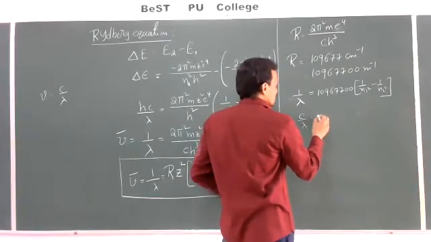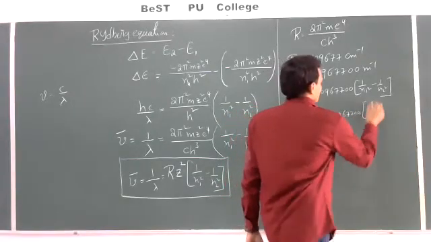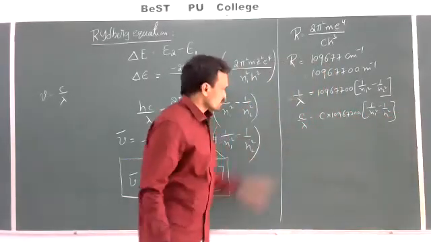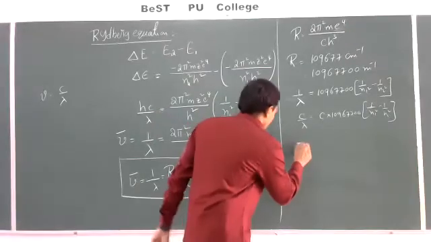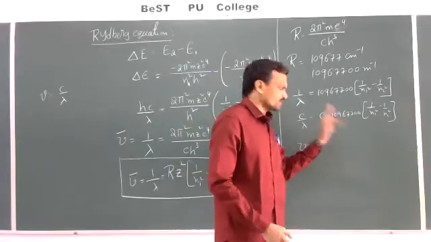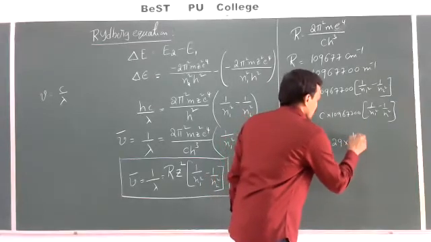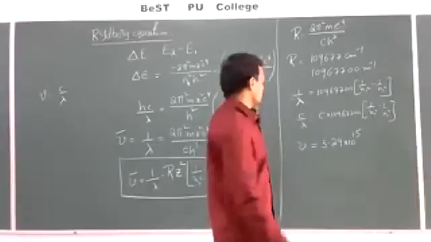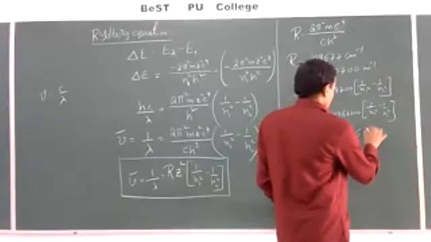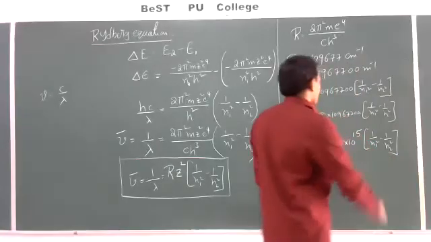Then c by lambda is equal to c into 109,677,000 into 1 by n1 square minus 1 by n2 square. c by lambda is nothing but the frequency nu. By substituting the value of c and multiplying, nu is equal to 3.29 into 10 power 15 into 1 by n1 square minus 1 by n2 square.